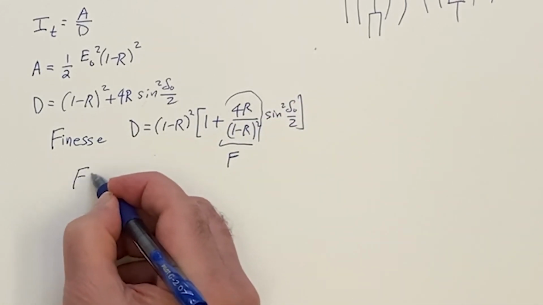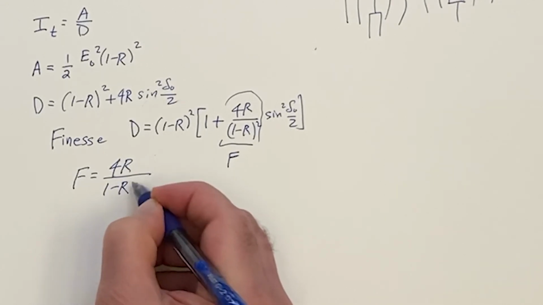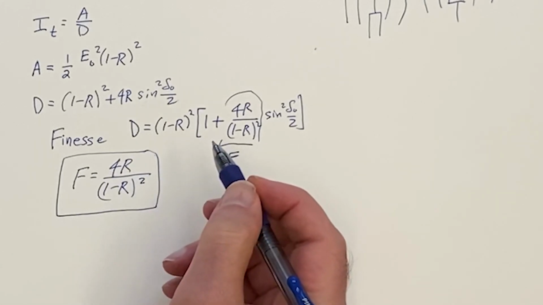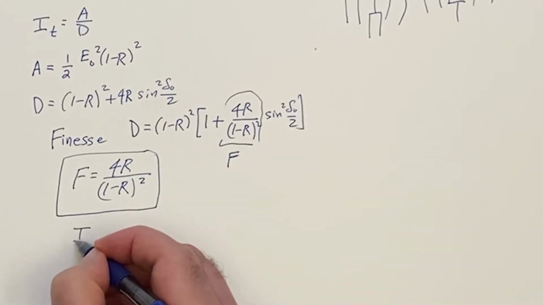So F is 4R over 1 minus R quantity squared, the coefficient of finesse. And when we do that, we're ready to now do the irradiance.